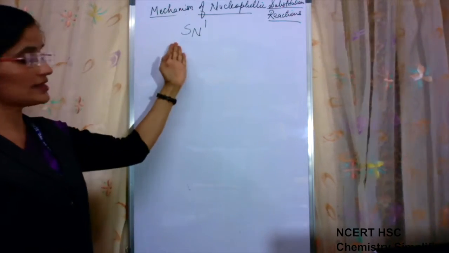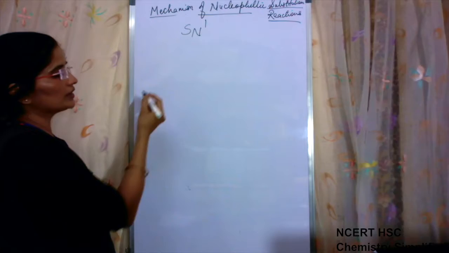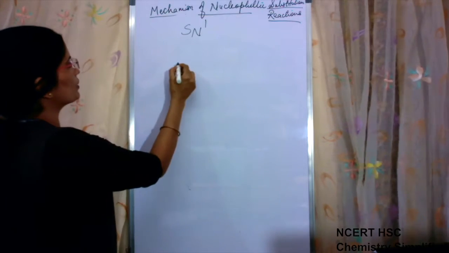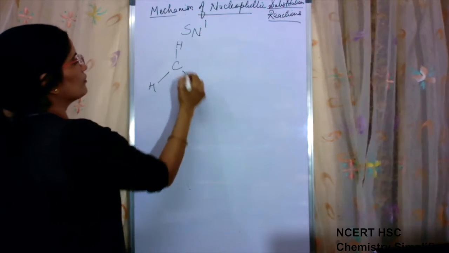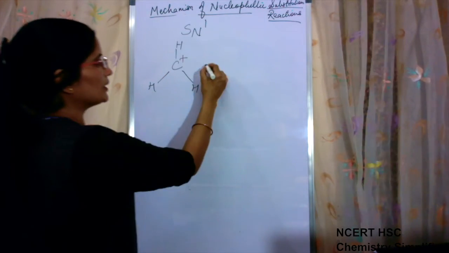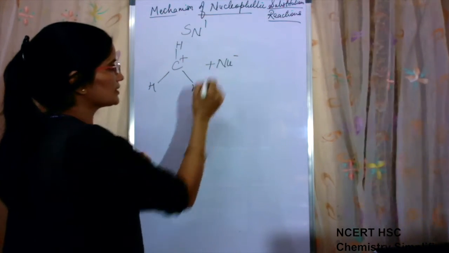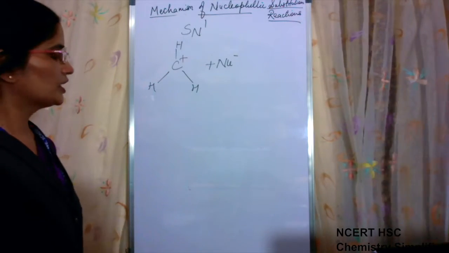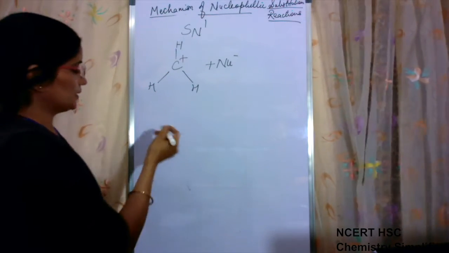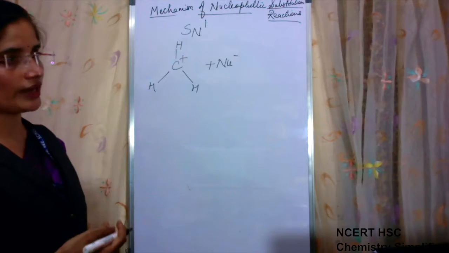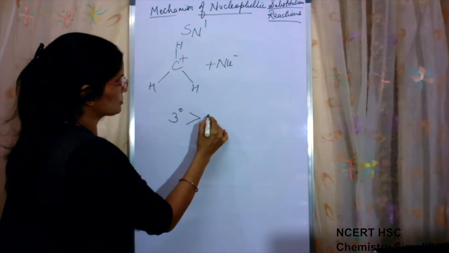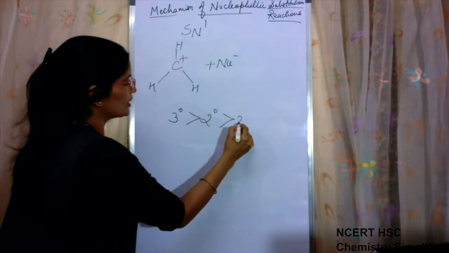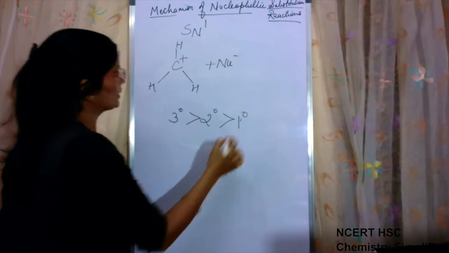In case of SN1 reaction, because a carbocation is always formed in the first step, and then the nucleophile attacks this carbocation in the next step, if we talk about the stability of carbocations, then always 3 degree carbocation is more stable than 2 degree, which is more stable than 1 degree.